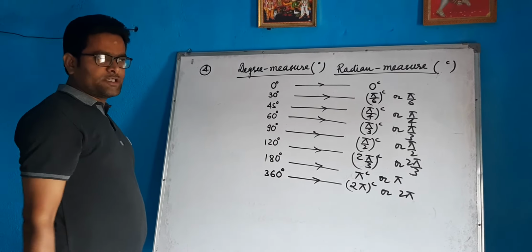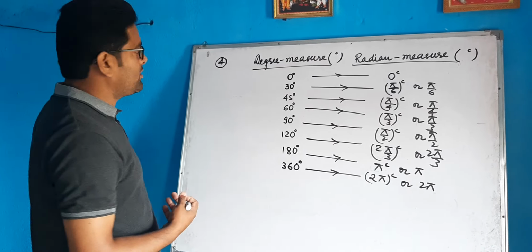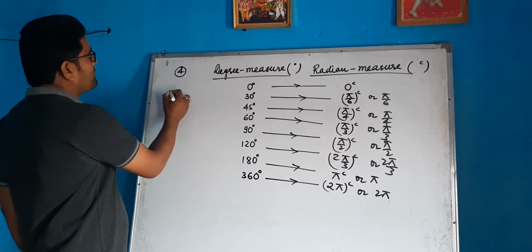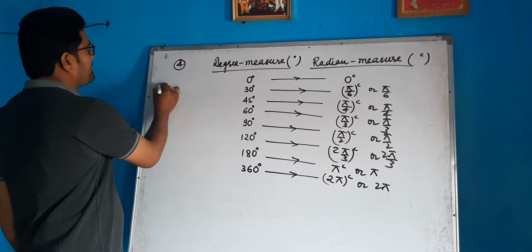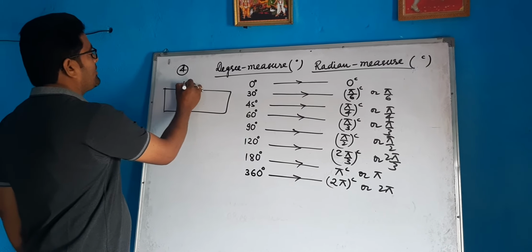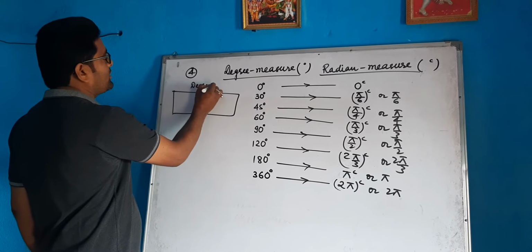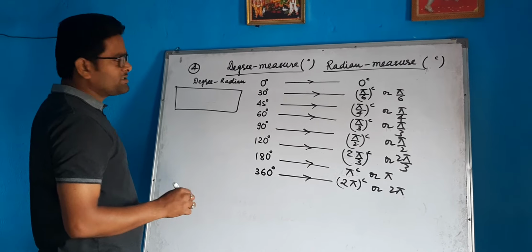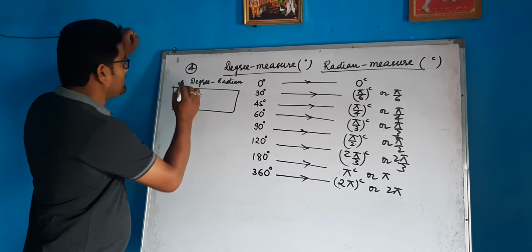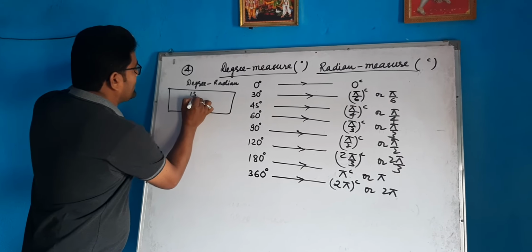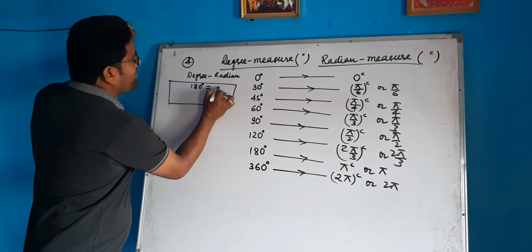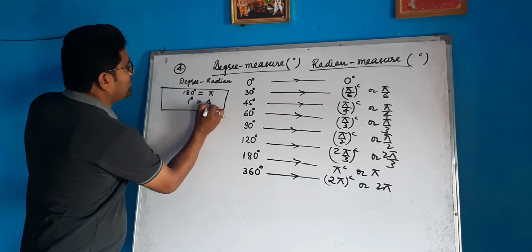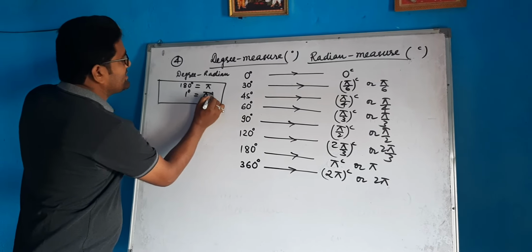Now how to convert them? We should have some fixed rule for it. First of all, one formula is there. If you want to convert degree to radian or radian to degree, what is the basic rule? See, 180 degrees is equal to pi radian. So 1 degree will be pi by 180 radian.